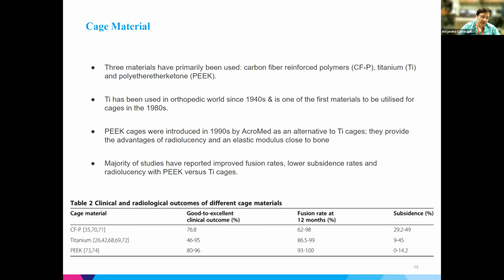Here you see some of the early outcomes, good to excellent clinical outcomes with all of them, titanium having a wider range. Excellent fusion rates can be achieved with all of them, with the carbon fiber polymers having a wider range here. Lower rates of subsidence with the PEEK of note.